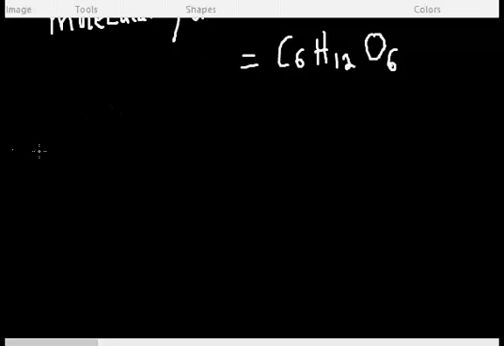For example, if I ask you to write the formula of magnesium tetraoxosulfate VI, most times students want to cram it, but you don't need to cram it. There is a method we employ to write those chemical formulas. Let's see how that works.